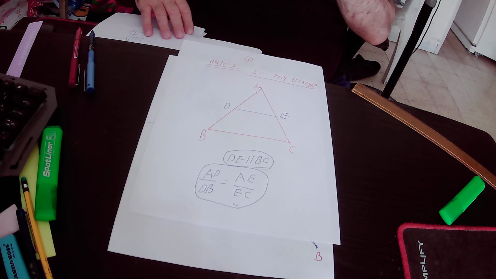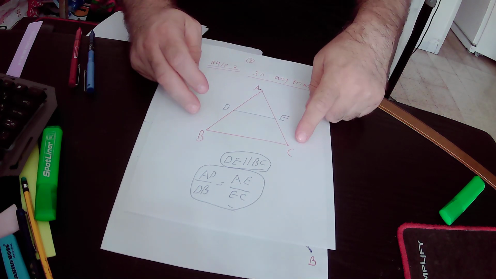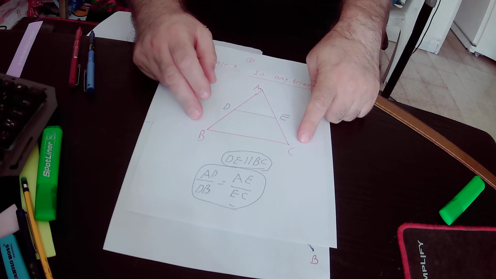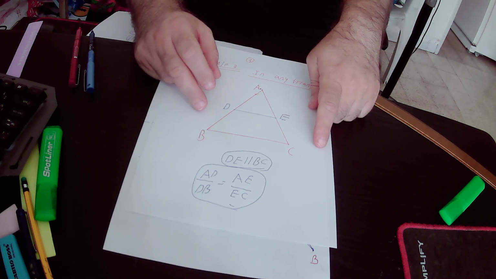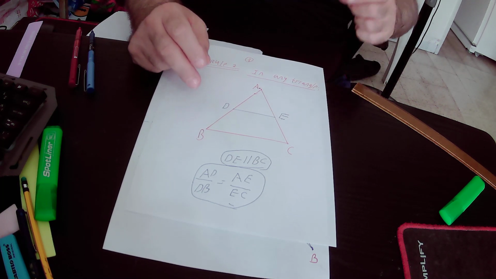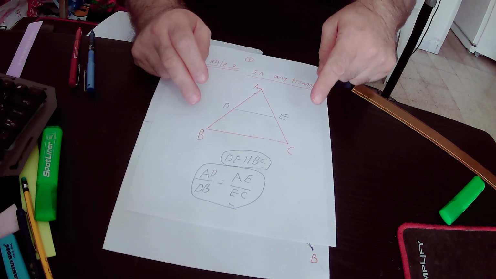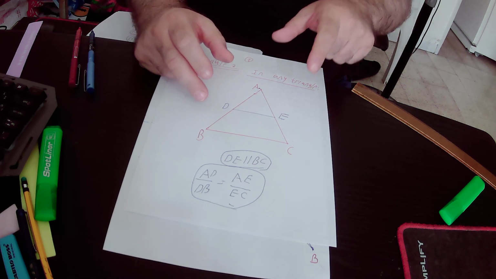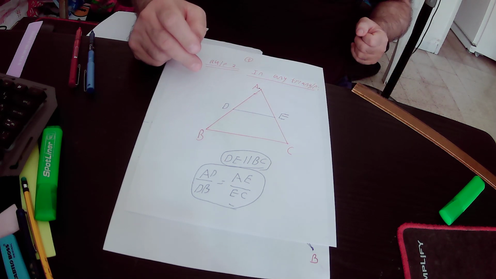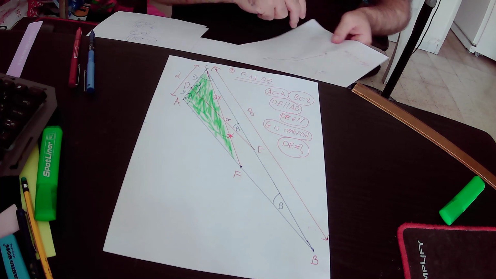It states that if in triangle ABC, which could be any triangle, we know that line segment DE is parallel to BC, then the following equality is true: AD over DB will be equal to AE over EC. And we can implement this rule number 2 in our triangle.